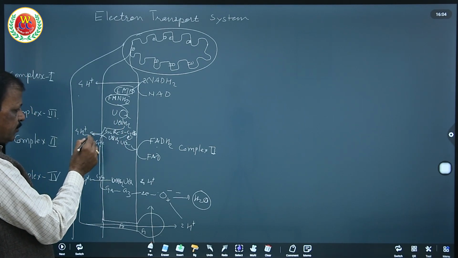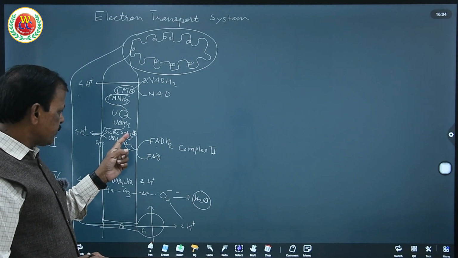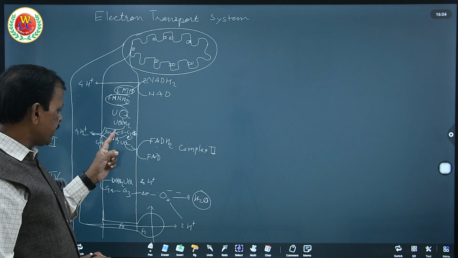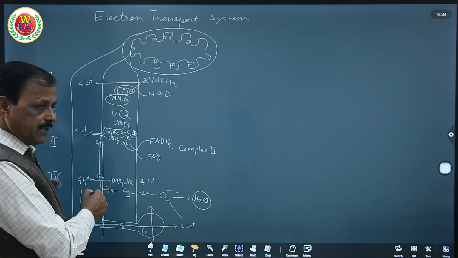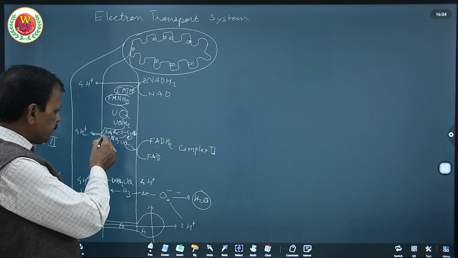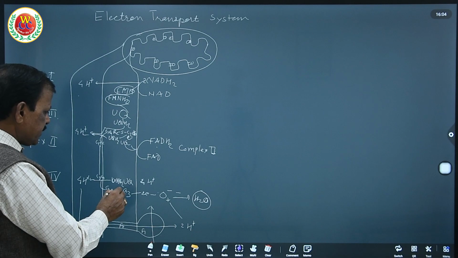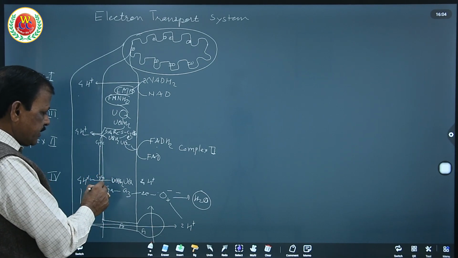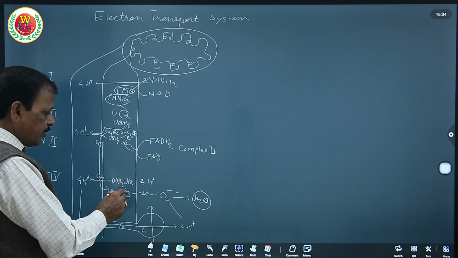Complex 3 together releases into the intermembrane space. Further, the electron is transferred from cytochrome B to sulfur to iron, iron to C1 and then C1 to C. So the electron from complex 2 is directly transferred to complex 4 through C to C1 and C1 to C, and cytochrome C to A, A1 to A3.